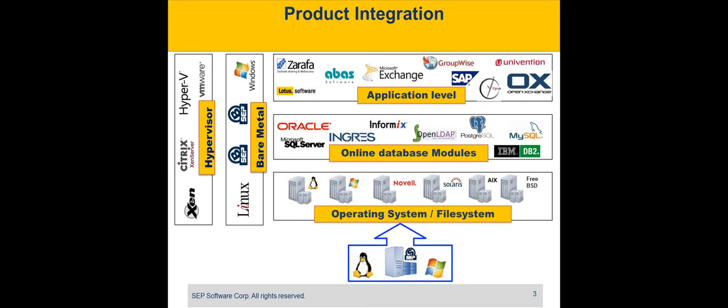We find that a lot of customers have more than one solution in place to meet their backup needs. They may have one product that backs up virtual machines, another product for Windows, and another product for Linux or Novell. Instead of using 3 or 4 different products, with SEP they can bring everything under one roof.